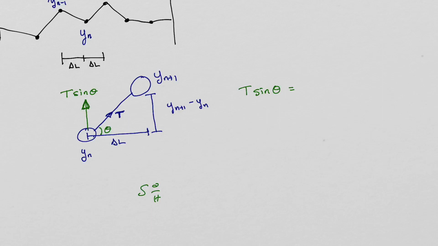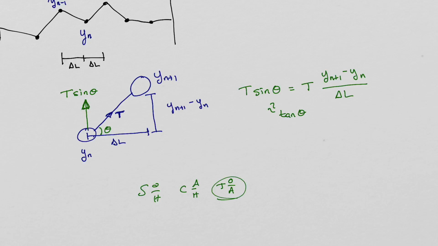In the small angle approximation, let me write that out. This is T times the opposite, which is y sub n plus 1 minus y sub n, divided by the hypotenuse. Small angle approximation, the hypotenuse is approximately equal to delta L. Now, it's really the square root of delta L squared plus the height difference squared, but that thing is small compared to delta L. Another way of saying that is that sine theta is approximately equal to tan theta, and if I finish my SOHCAHTOA, opposite over adjacent works for tangent.